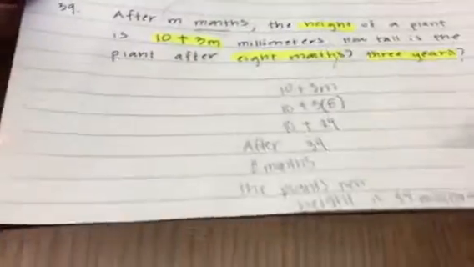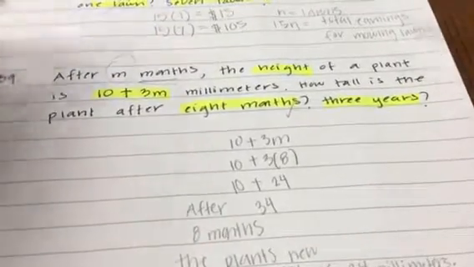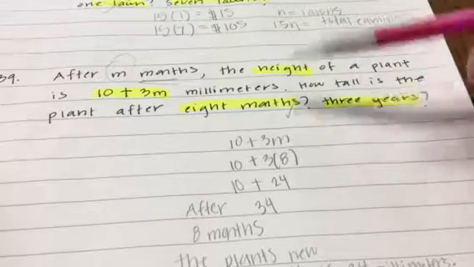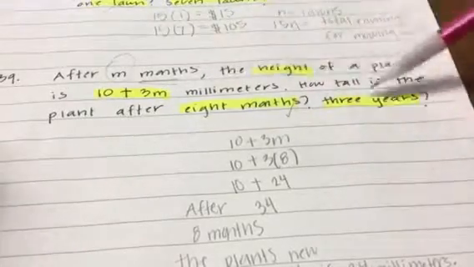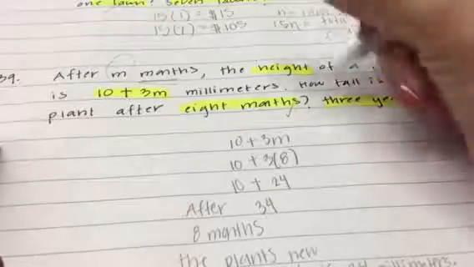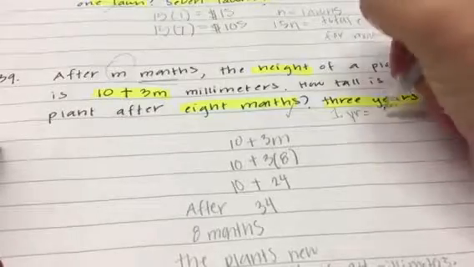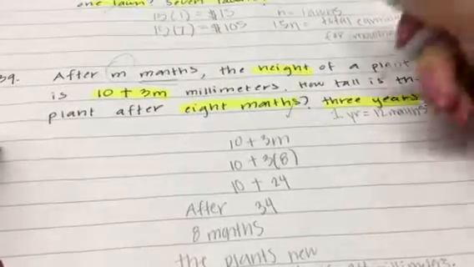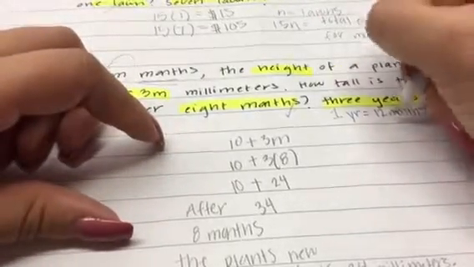But now we have to go solve the trickier part, which is 3 years, because if you recall, we can't just plug in 3 into m. Why? Because m is in what? It's in months. So we first have to convert 3 years into months. So 1 year includes how many months? 12, right? And if I want to find out for 3 years, then I'm going to go ahead and multiply 3 years by 12 months, right?